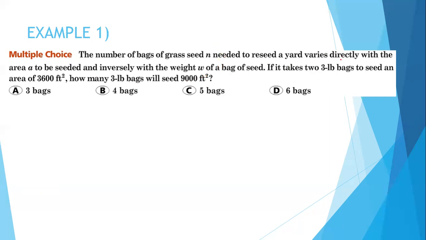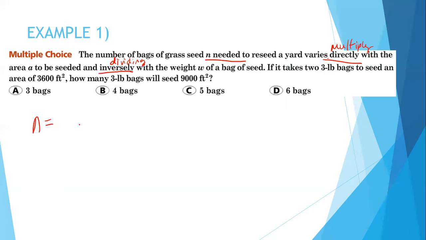Okay, so we're going to adhere to the words that are being utilized. Remember, directly means that we are multiplying, and inversely means that we are dividing. So we have N needed.